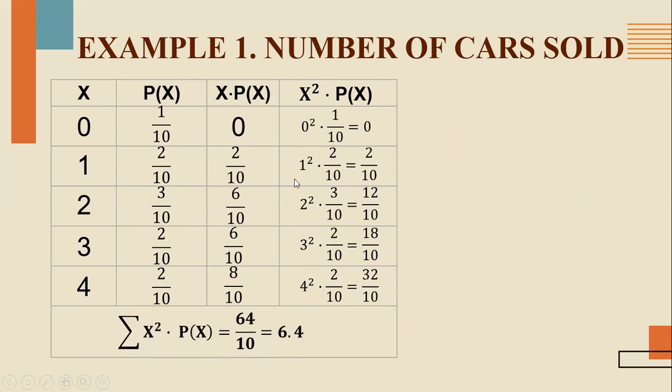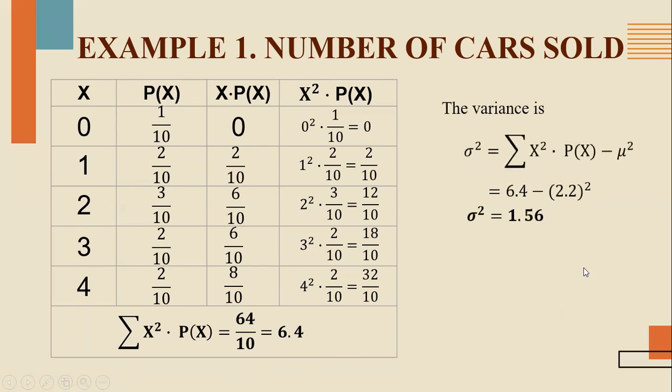And then we will just get the summation of the last column. So the summation is 64 over 10 or 6.4. And for the last step, so this is not the variance, okay? We still have the last step, which is we need to subtract the square of the mean from the summation of the last column. So we have 6.4 minus 2.2 squared.